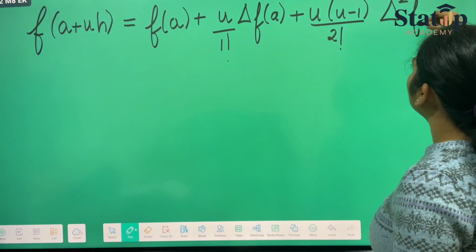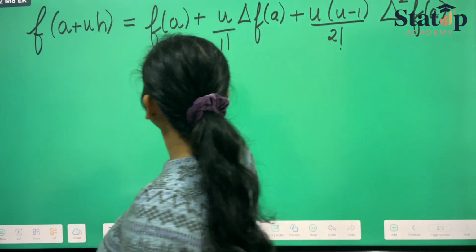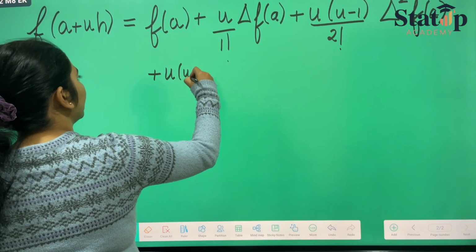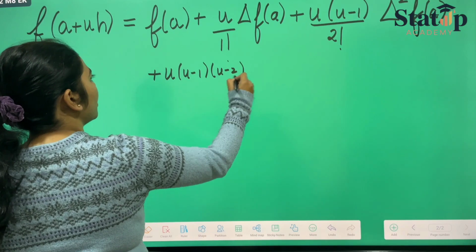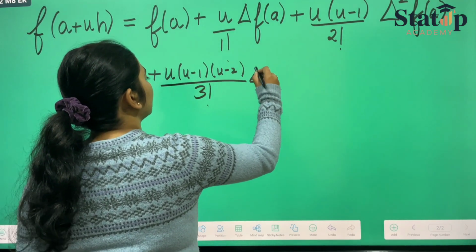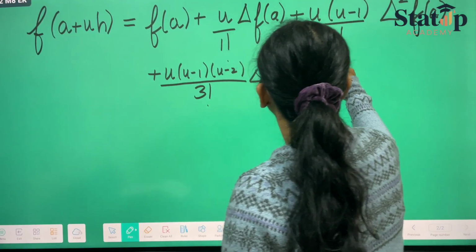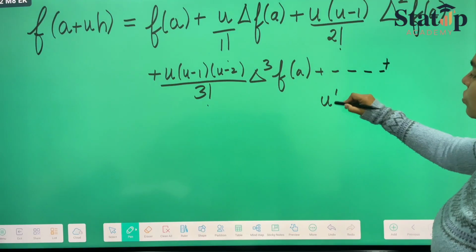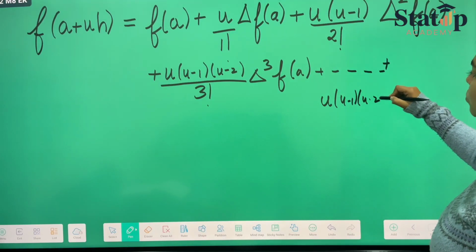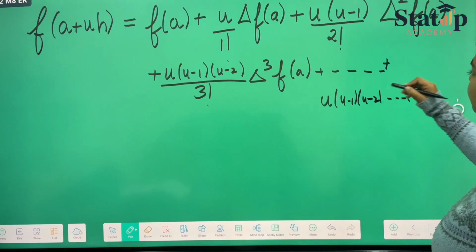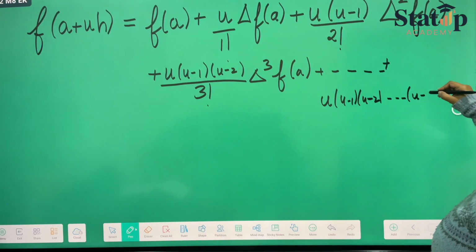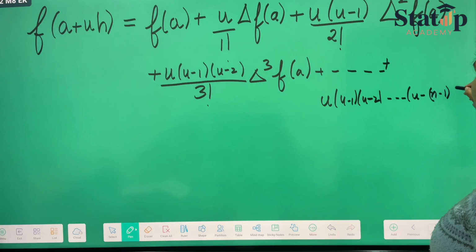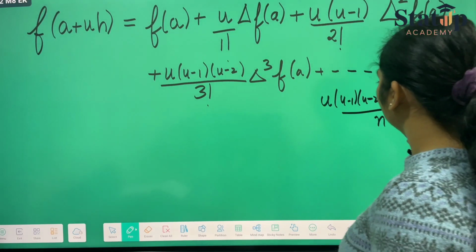Delta square f(a) plus u into (u minus 1) into (u minus 2) upon 3 factorial delta cube f(a), and so on till the last term, which is u minus 1, u minus 2, and so on till u minus (n minus 1), into delta raised to the power n f(a) upon n factorial.